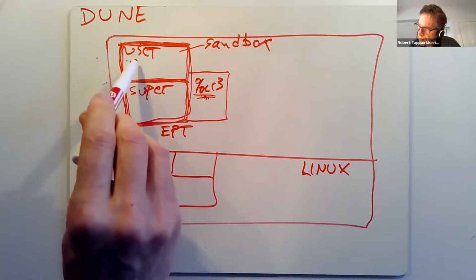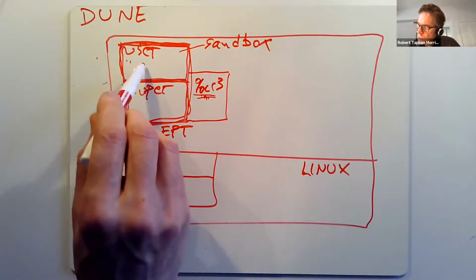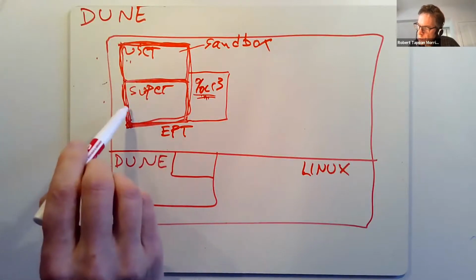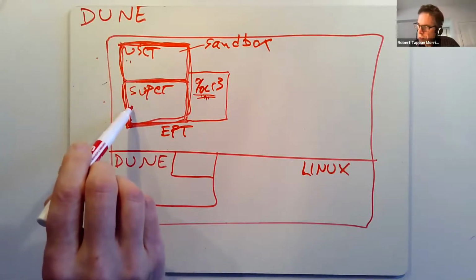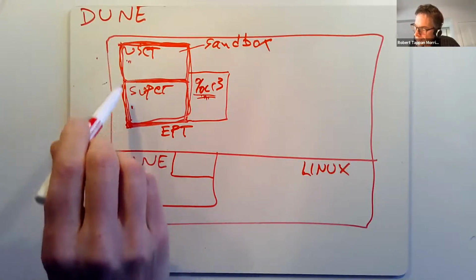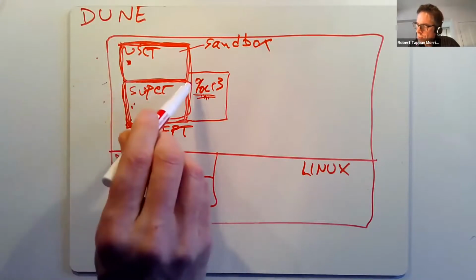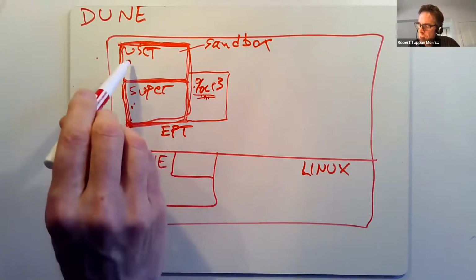But with Dune, we can run the plugin up here in user space, and the web browser, which runs in the process in supervisor mode, can configure a different page table for use by this user code because it's allowed to write CR3.